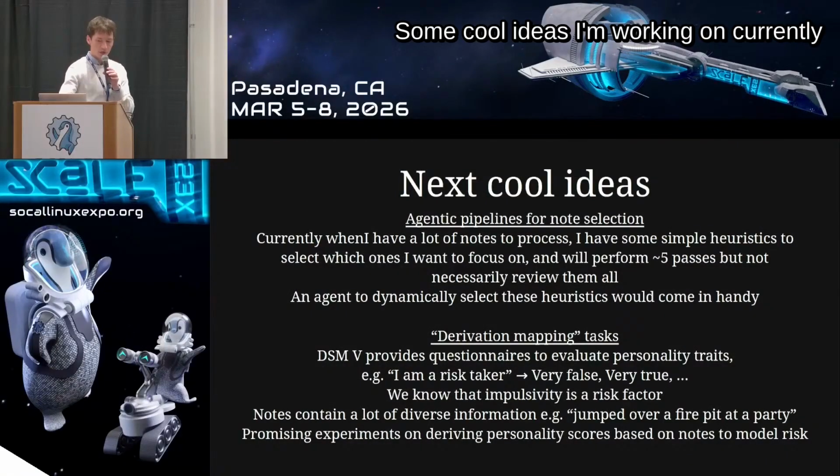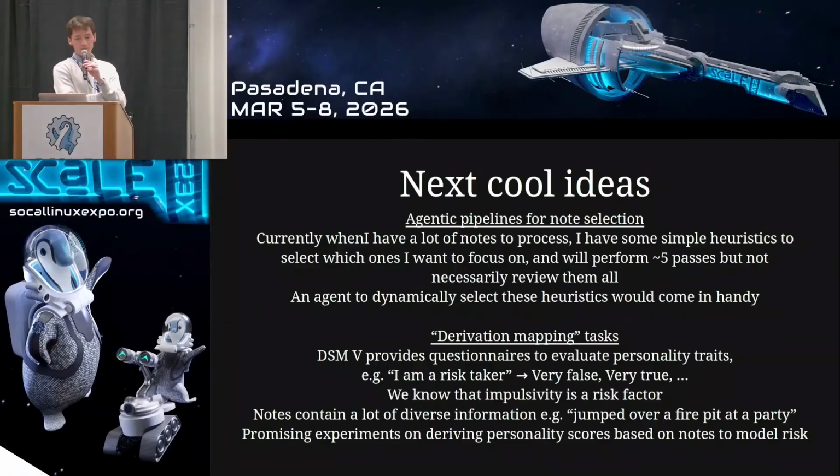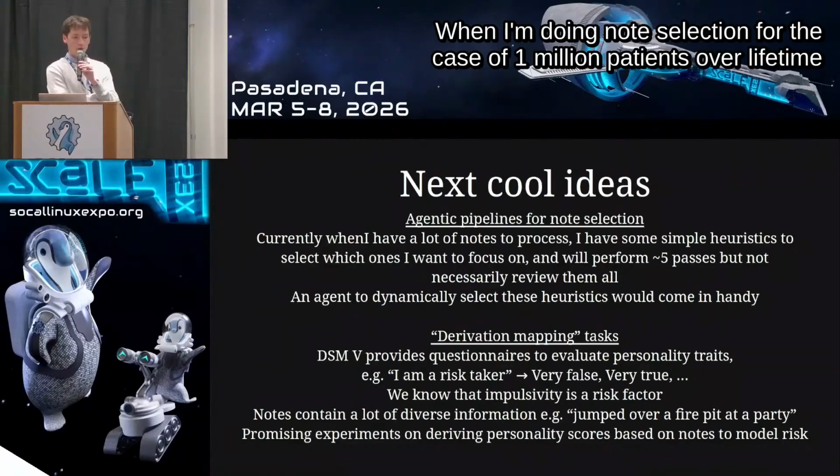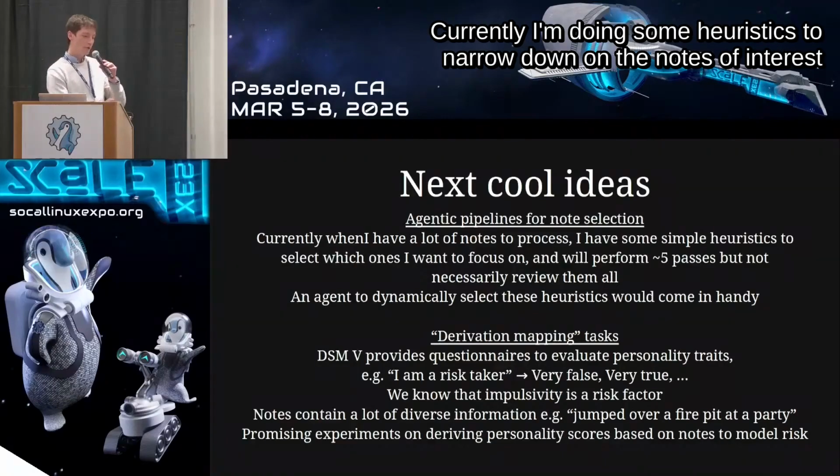Some cool ideas I'm working on currently. When I'm doing note selection for the case of 1 million patients over their lifetime, currently I'm using some heuristics to narrow down on the notes of interest.